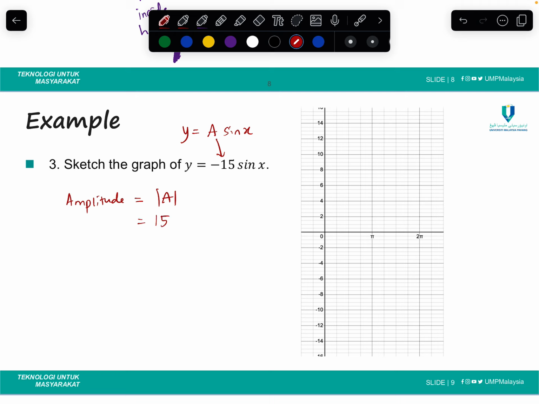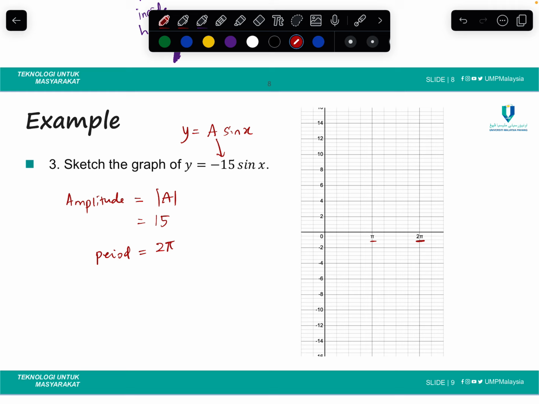We take the positive value for amplitude. Okay, and then the period for this type is always 2 pi. The period indicates the end point for the cycle. It is 2 pi, and automatically you need to plot the middle point.